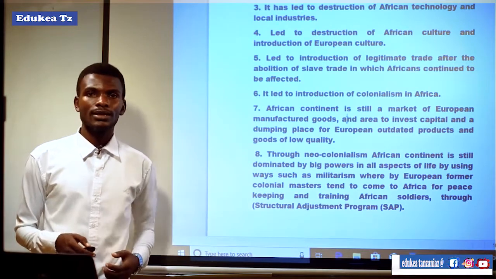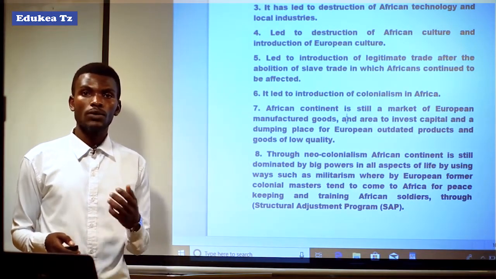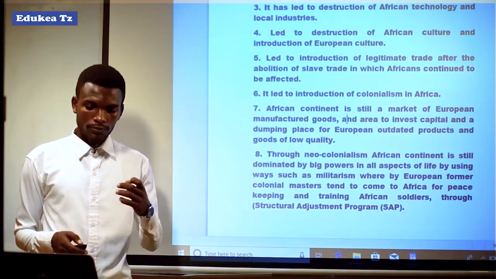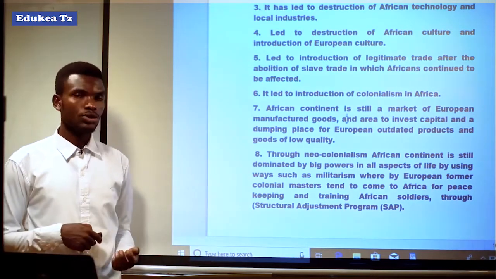Also in African countries there was the establishment of political dependence, whereby African countries were provided with conditions that they have to follow.